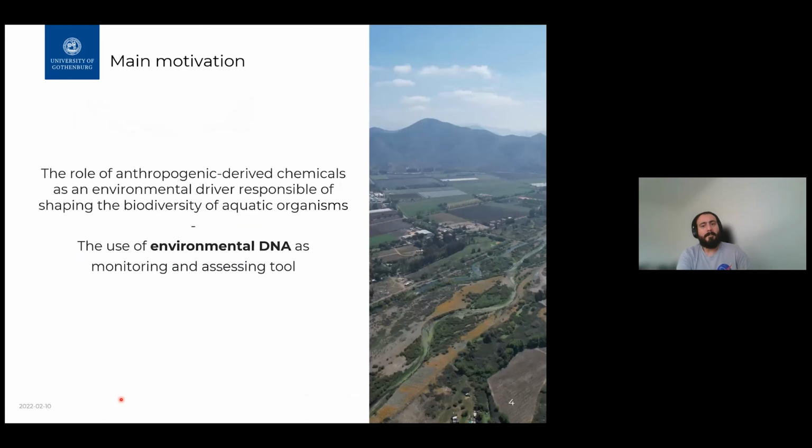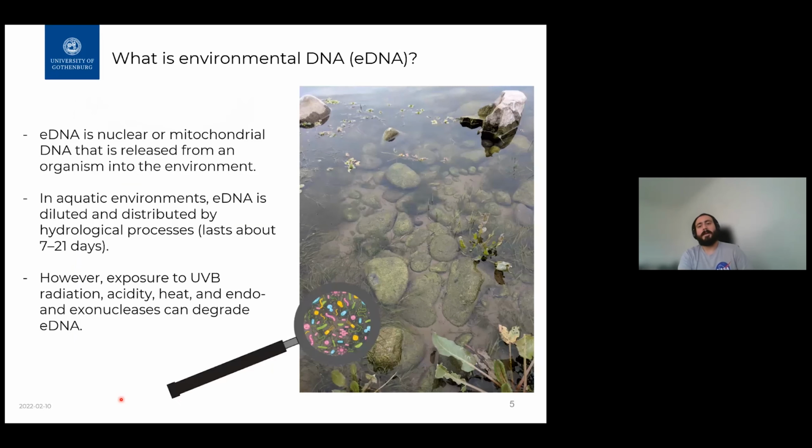Therefore, one of the main motivations behind FRAM, and of course my research, is to define the role of chemicals as biodiversity drivers. And here is where environmental DNA is one of these approaches, one of these techniques used to face this question. But what is actually environmental DNA?